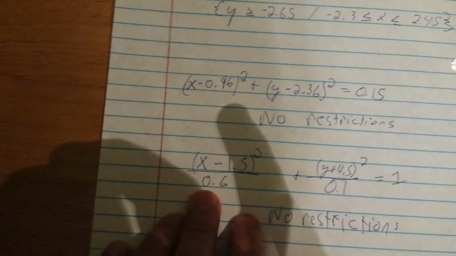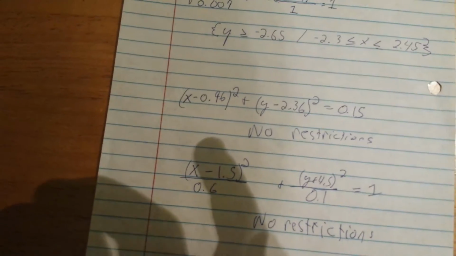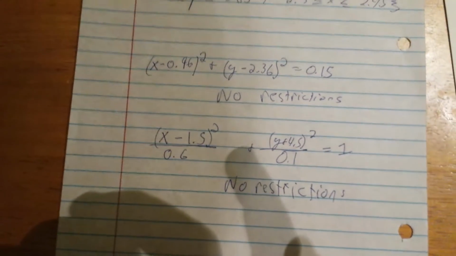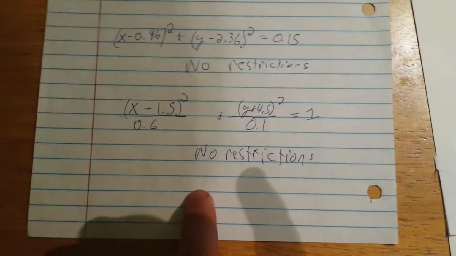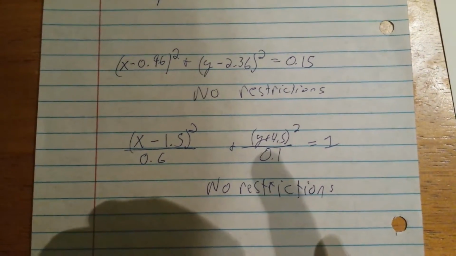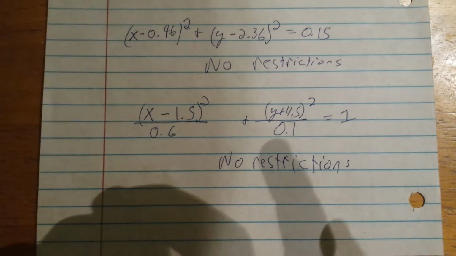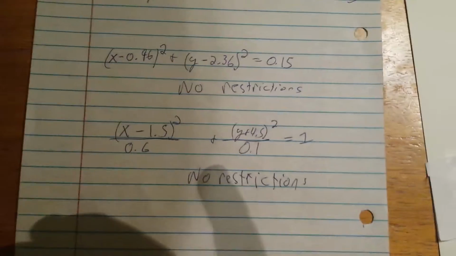I then put 0.6 here and 0.1 here in order to make the ellipse smaller and to make it horizontal. There are no restrictions on this part either, because I needed the entire ellipse.